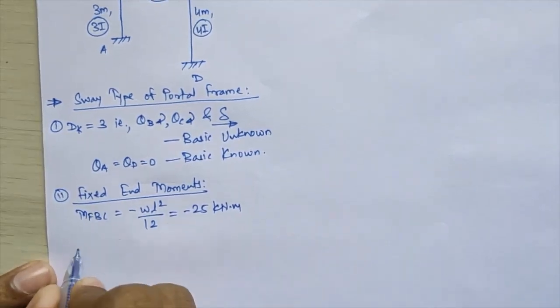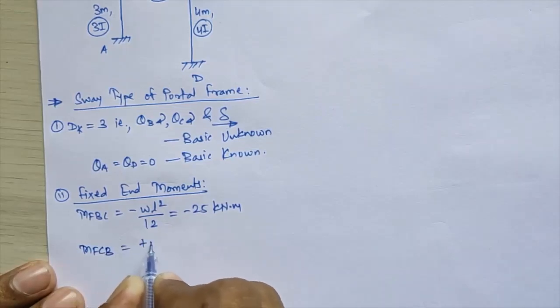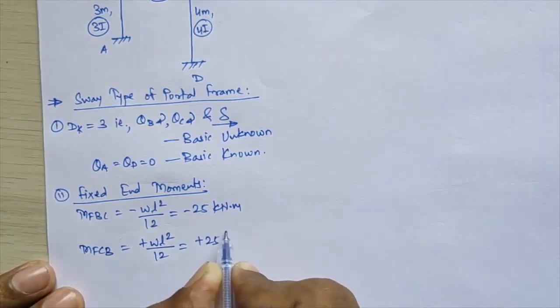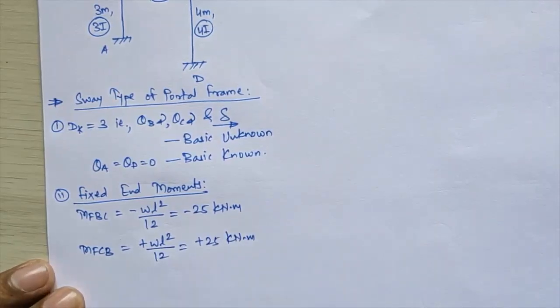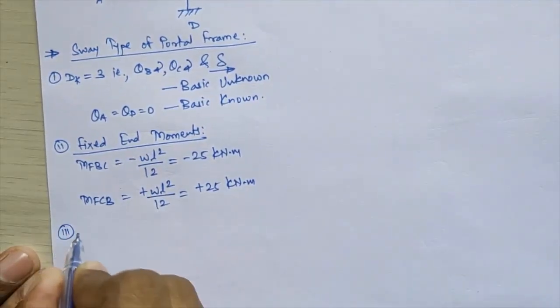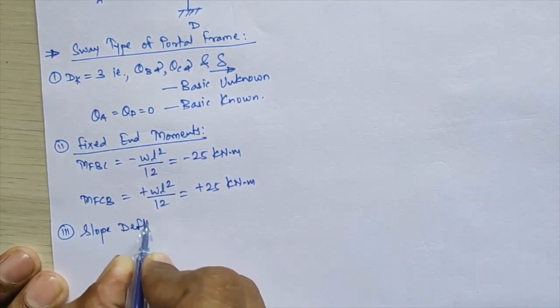Then MF CB will be just plus WL square upon 12, which comes to plus 25 kilonewton meter.